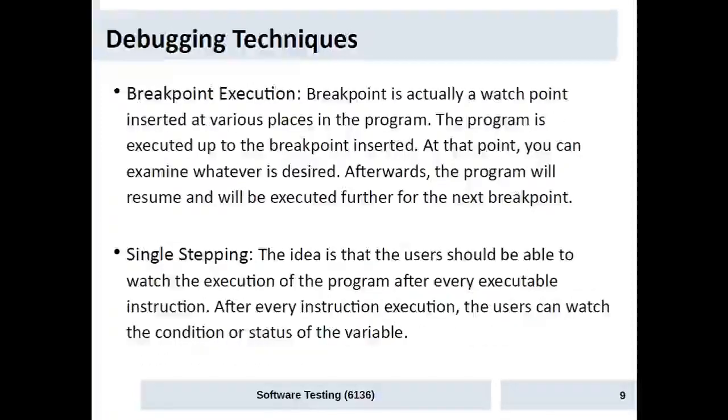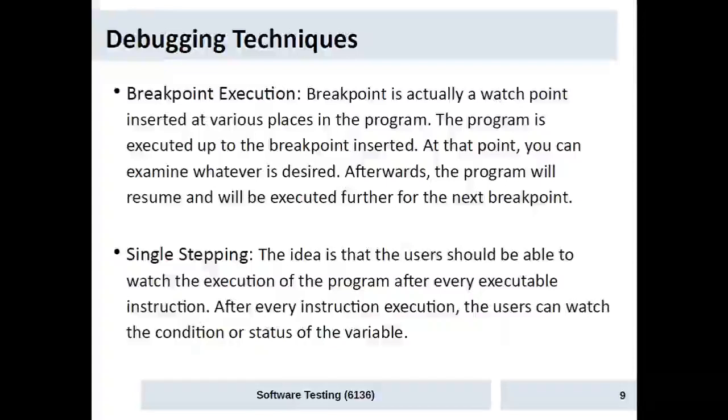Next method is breakpoint execution. This method is used with an automated debugger program. Breakpoint is a watch point inserted at various places in the program. So we can insert multiple breakpoints in a program. So in this method, the program is executed up to the breakpoint inserted.